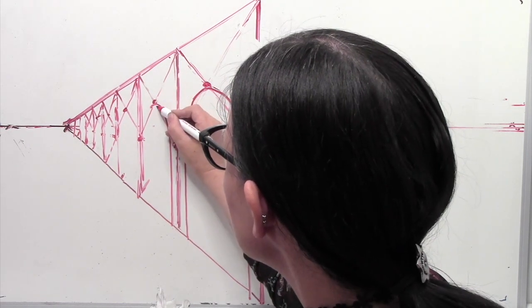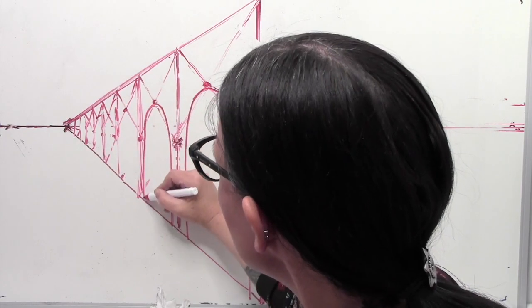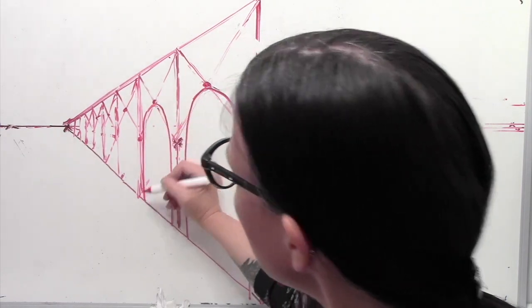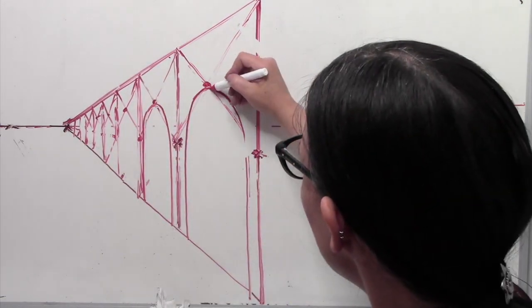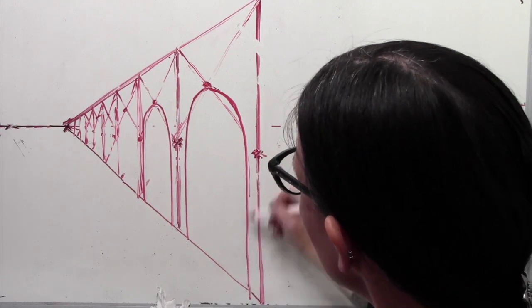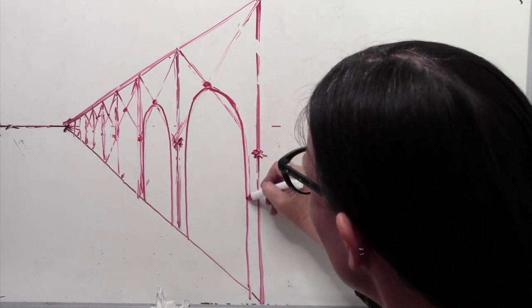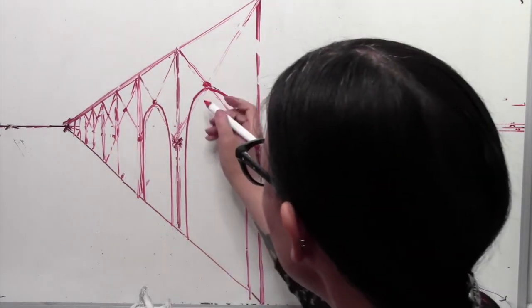Now, as I do this, one of the things to remember is that because I'm going fast, I am doing a few approximations. Now, this first width here needs to be wider than this one here.